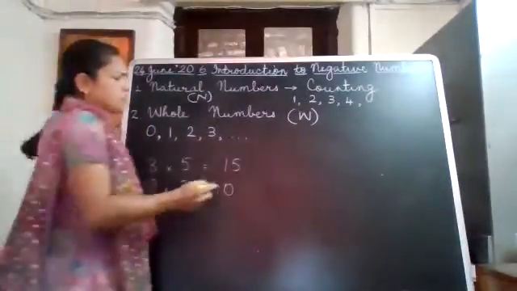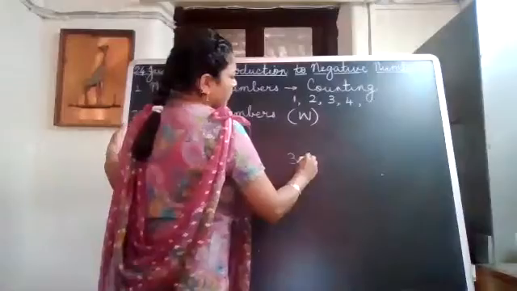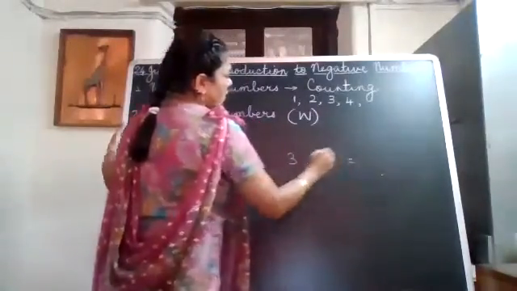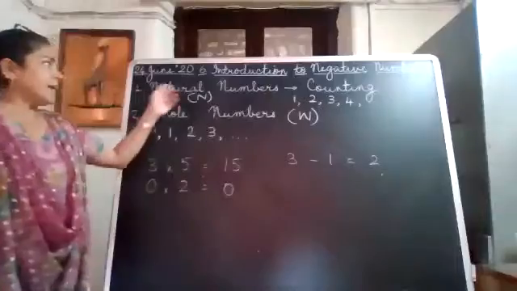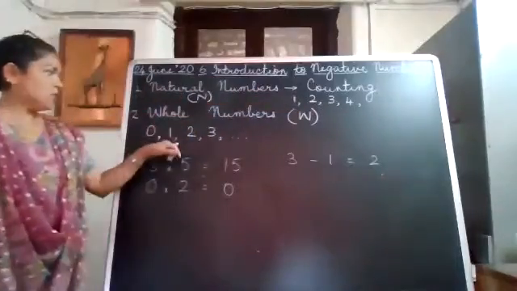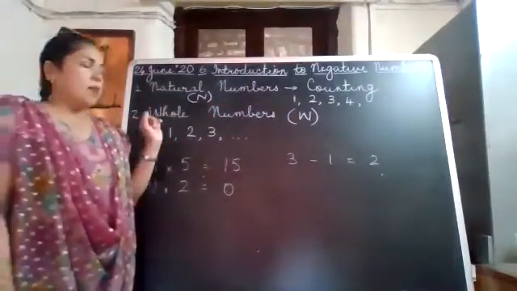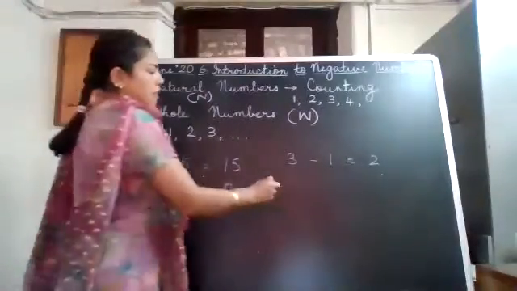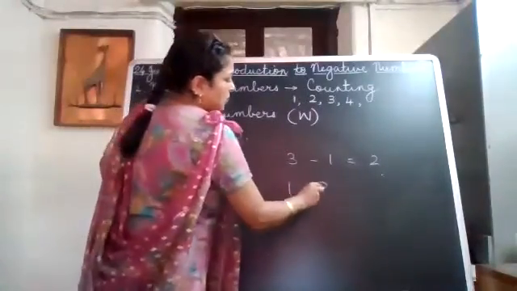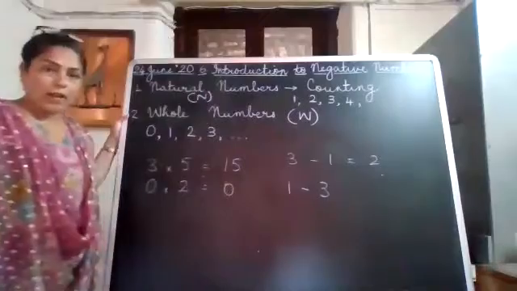Say for example, I am subtracting 3 minus 1. What will I get? 2. 2 is again a natural number and also a whole number. But the problem will arise, say for example, if I want to subtract 3 from 1.